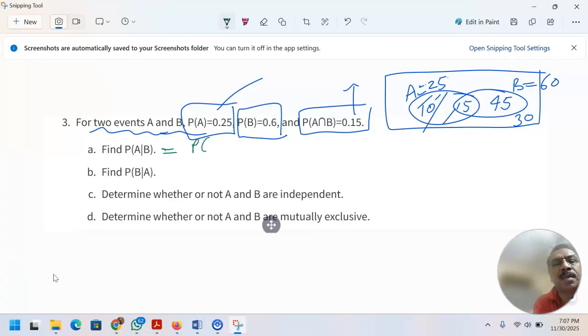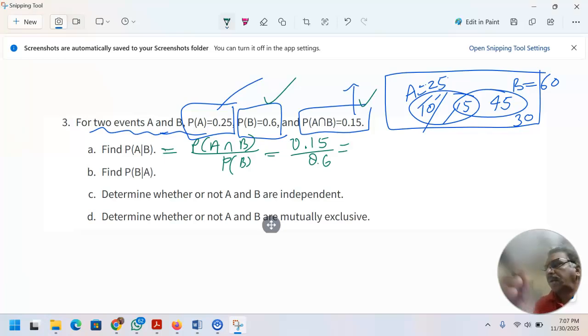It is the probability of A and B divided by the probability of B. Here it is 0.15, A and B is the common part, divided by 0.6. If you use the calculator, you will get 0.25. And this answer, I'll write it here.